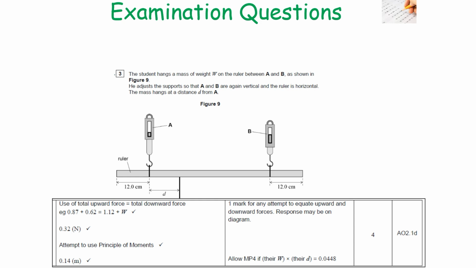So remember, to work out a moment, it's force times distance. So you work out the clockwise moments and the anti-clockwise moments, and with that you can work out the distance of the object from A. Because we're working out the distance from A, it's probably best to take the moments about A as well. So you can do that and you get an answer of 0.14 meters.